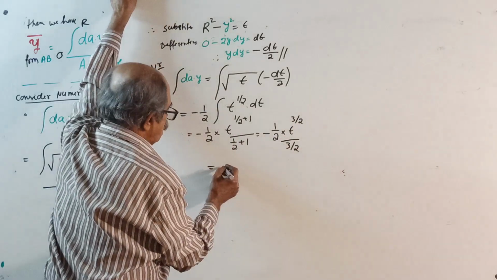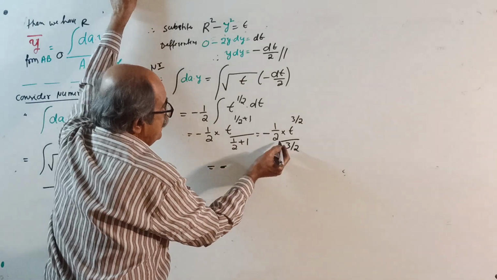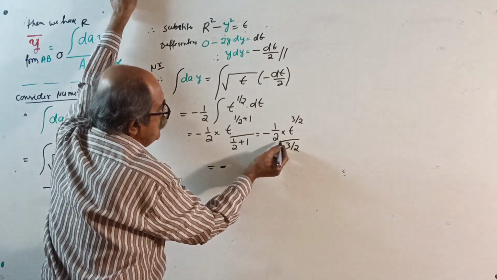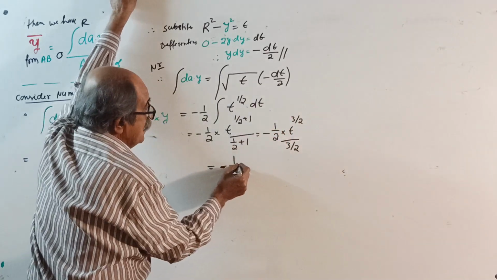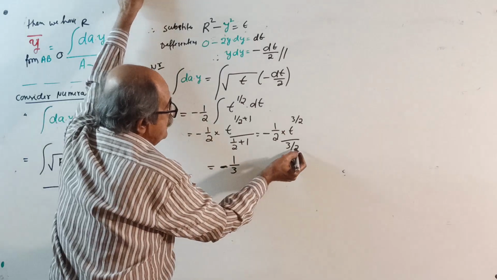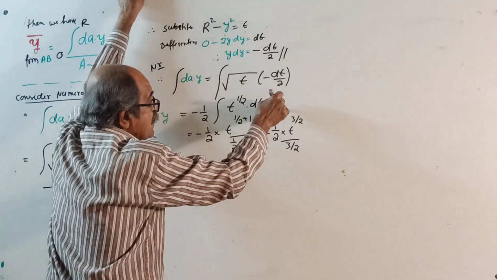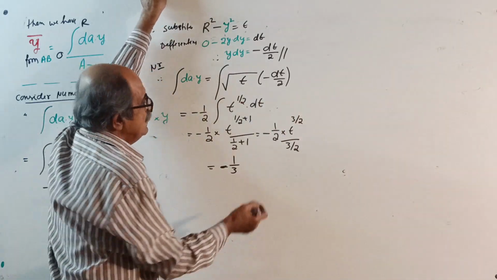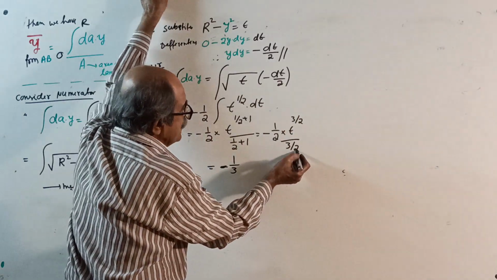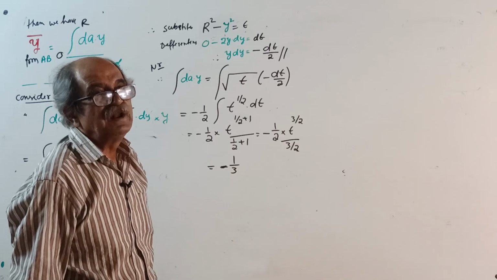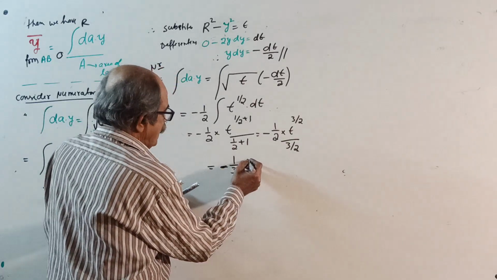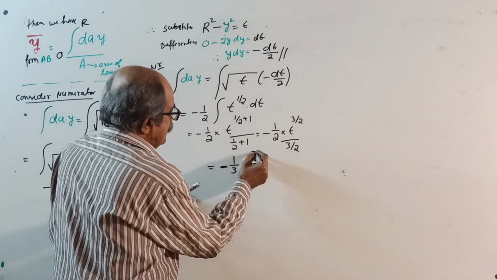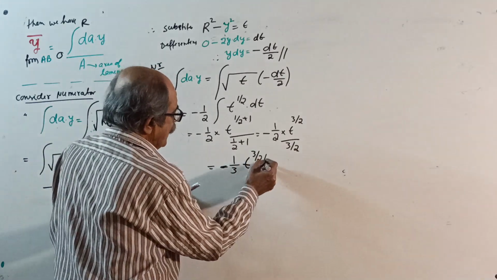Finally, the 2 goes to the numerator, so it will be minus 1 by 3. That much mathematics must be clear; if this is not clear, you cannot study anything. So minus 1 by 3 of t power 3 by 2 is the answer.